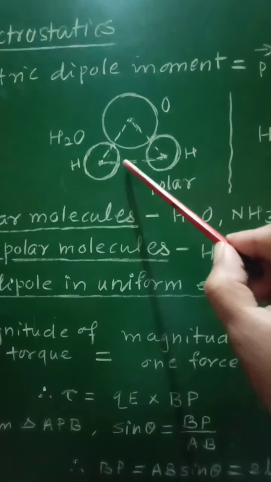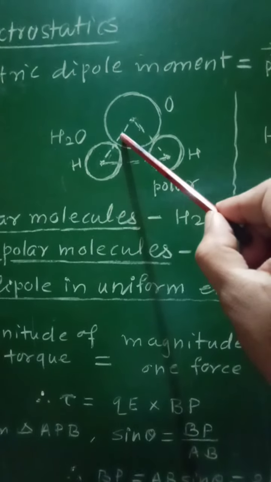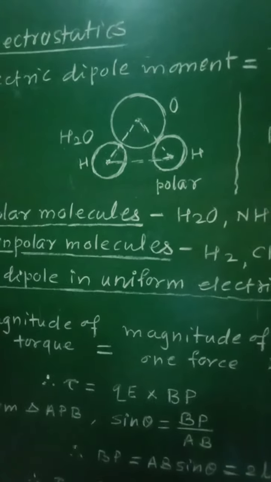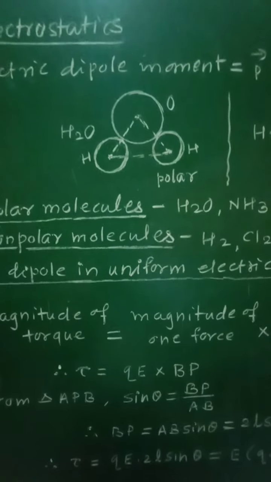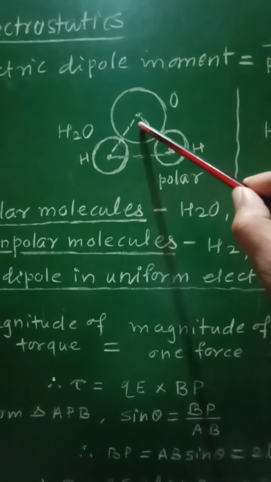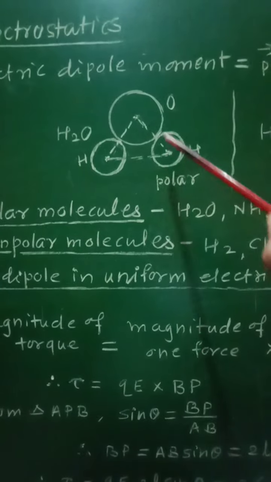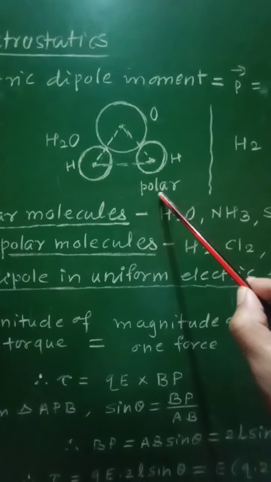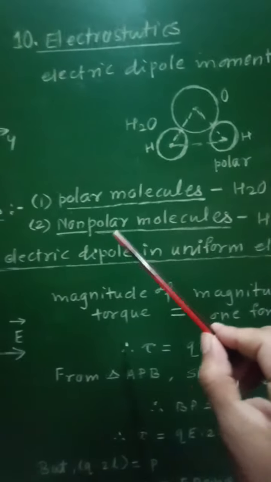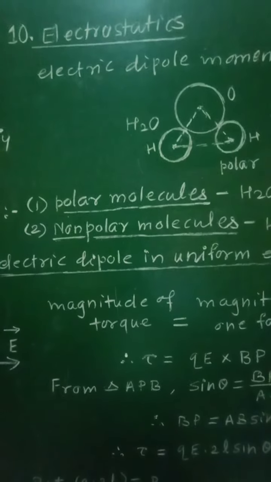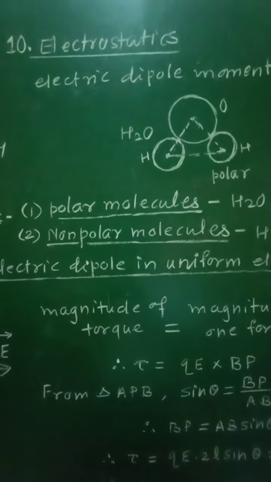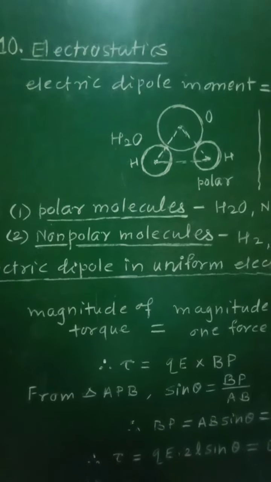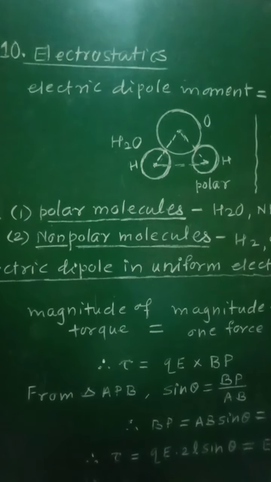Similarly, the center of negative charge will again be directed towards the oxygen atom, and these two centers will not lie at the same point due to the different shapes or sizes of these atoms, and hence water molecule is a polar molecule. On the other hand, if you consider the second case, that is non-polar molecules, then non-polar molecules are the molecules in which the center of positive charge and the negative charge coincide.